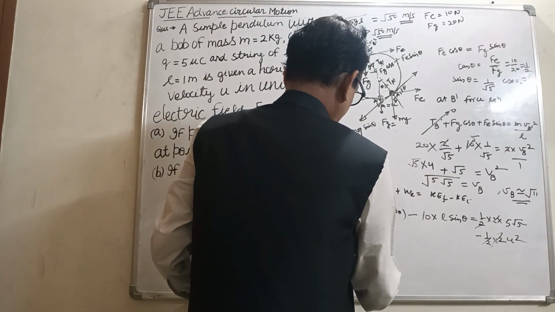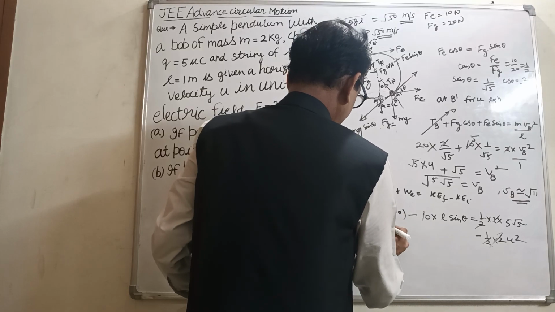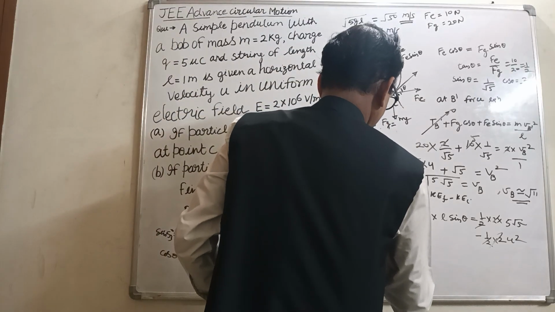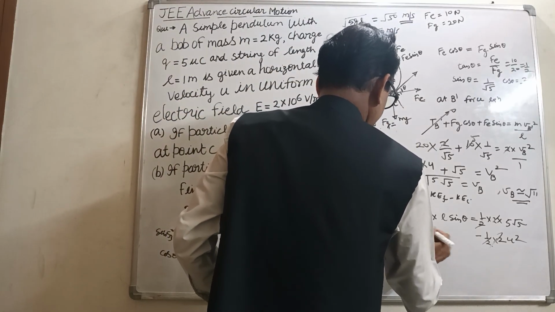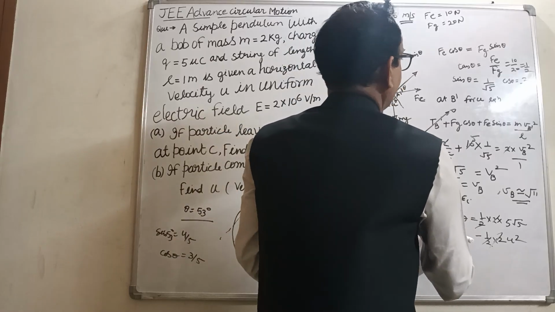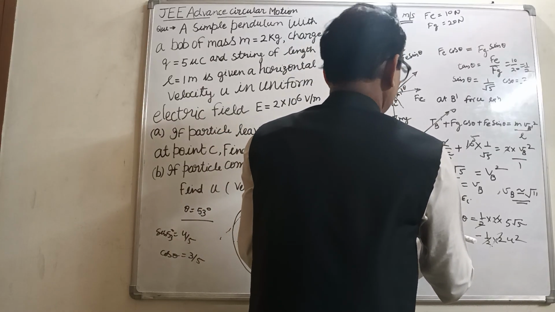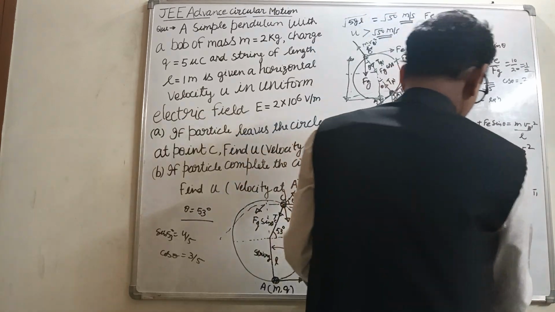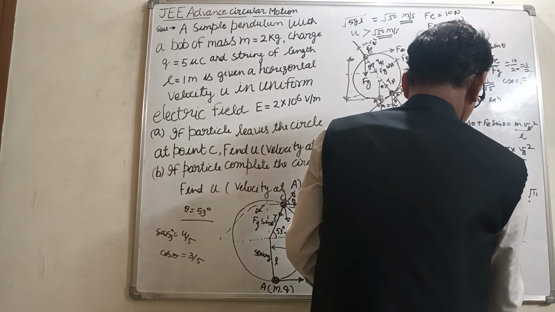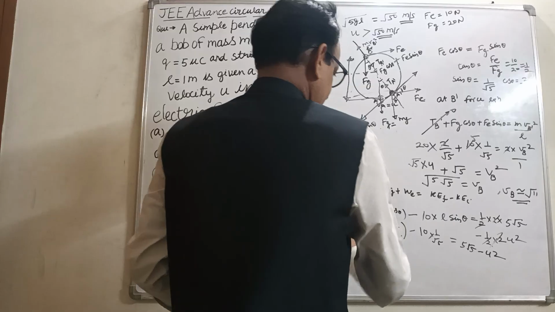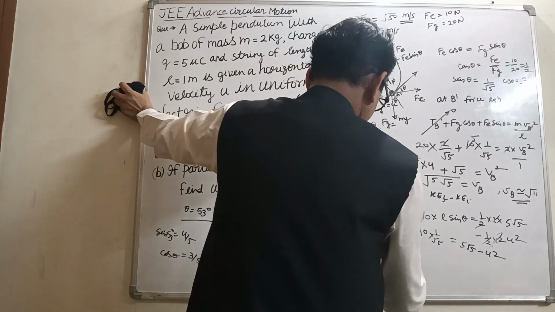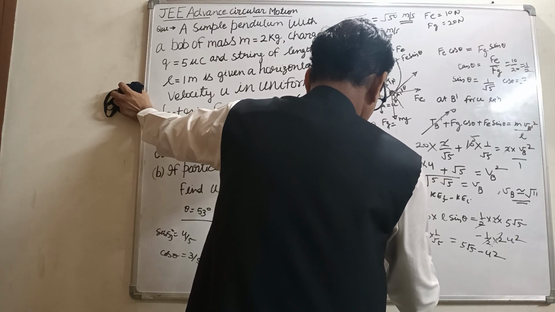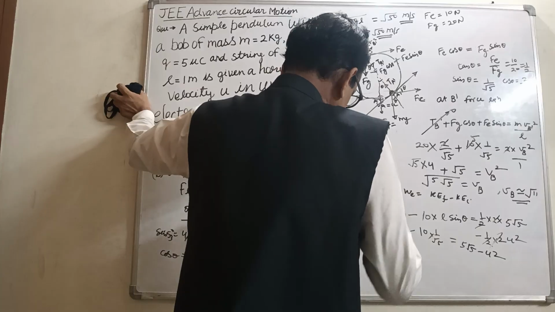So this becomes minus 2 times 1 plus, where cos theta is 2 by root 5 and L is 1, and sin theta is 1 by root 5, and this becomes 5 root 5 minus u square. Solving this, minus 20 and 40 minus, this becomes minus 40.